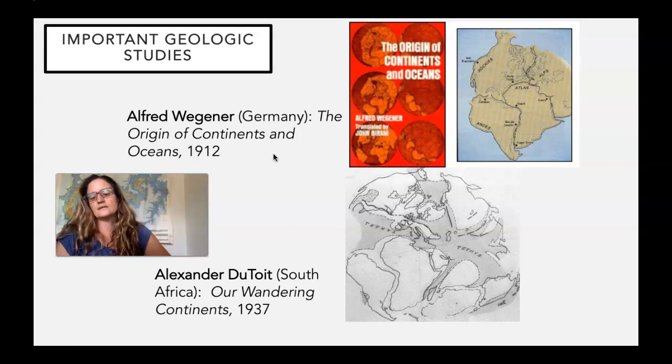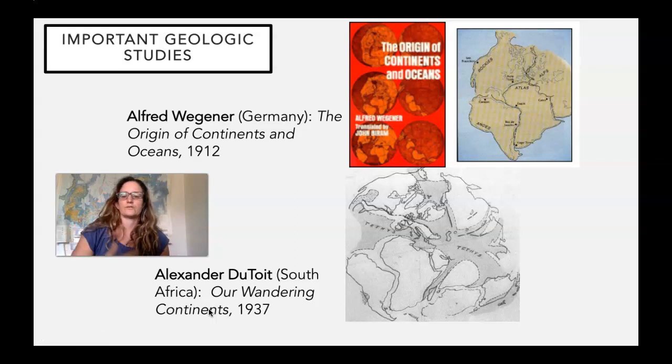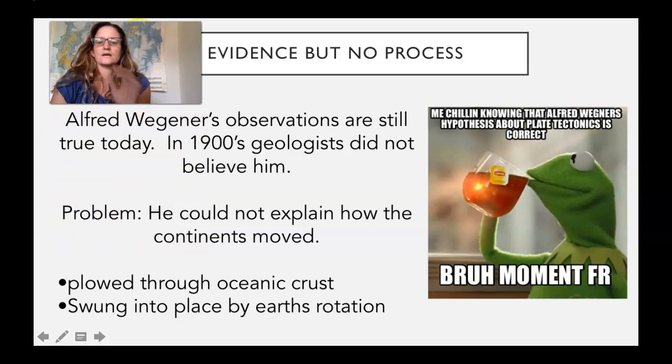Alexander du Toit, in 1937, expanded on that. And look at the name here, Our Wandering Continents. So it really was about the continents moving around the earth. What was lacking here was a mechanism for how that happens. He had all the evidence, but no process.